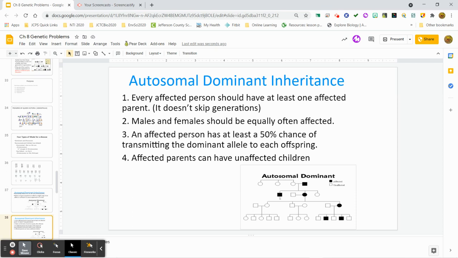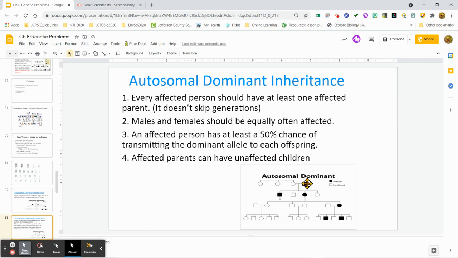And so every affected person should have at least one affected parent. It doesn't skip generations. So this is affected, right? You can see there's black at every generation, so it does not skip a generation. Males and females should be equally often affected. An affected person has at least a 50% chance of transmitting the dominant allele to the offspring.